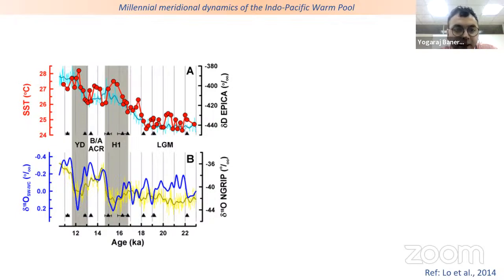In panel A, the sky blue line represents the δD from EPICA Dome C, and in panel B, the yellow line represents the δ18O from the NGRIP ice core.